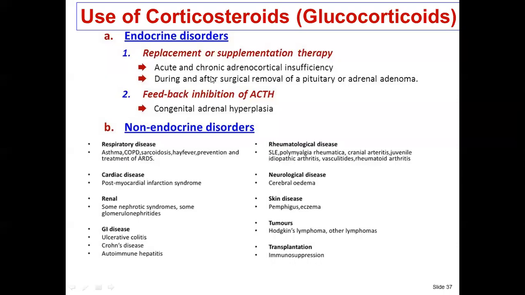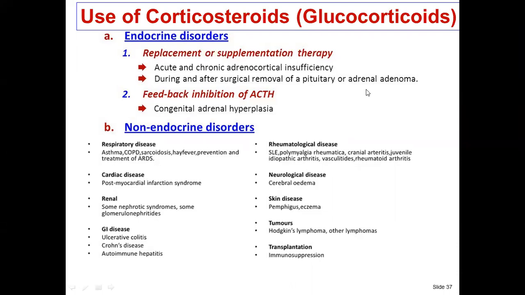So replacement therapy for acute or chronic endogenous cortical insufficiency like adrenal disorder, Addison disease, or during or after surgical removal of the pituitary or adrenal gland.